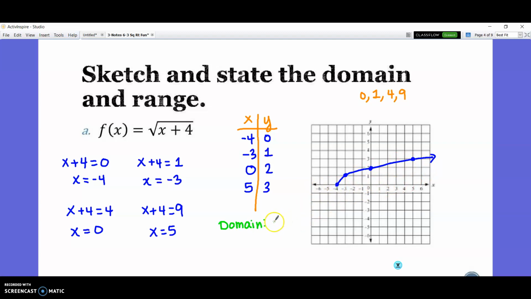So now my domain is not greater than or equal to 0. It's x is greater than or equal to -4. And for the range, it didn't move up or down any, it only moved to the left. So my range stayed the same. Y is still greater than or equal to 0. So there's my sketch of the graph, and here is the domain and range.